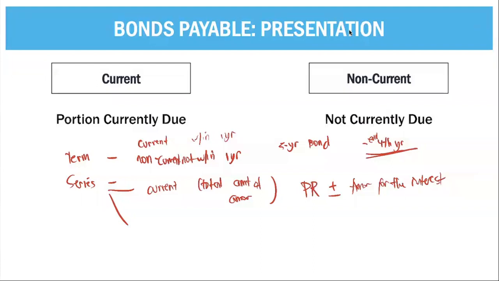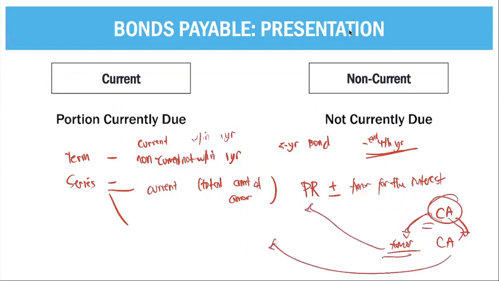Normally this is the carrying amount, and then we have the amortization of the subsequent year and the carrying amount of the subsequent year. The total carrying amount is equal to these two items. The amortization here is the current portion. The non-current portion is the carrying amount of the subsequent year. So the carrying amount this year less the amortization next year is the non-current portion of the series.